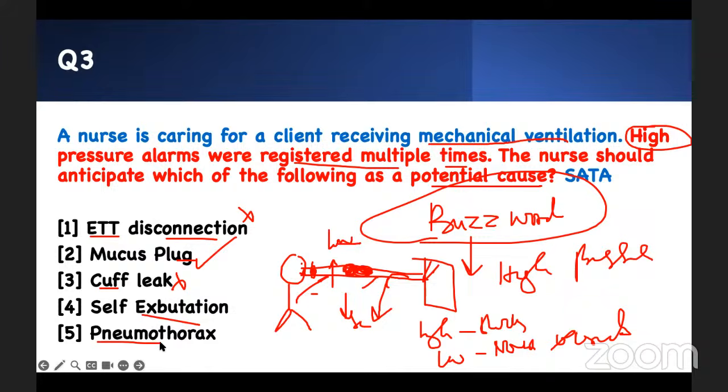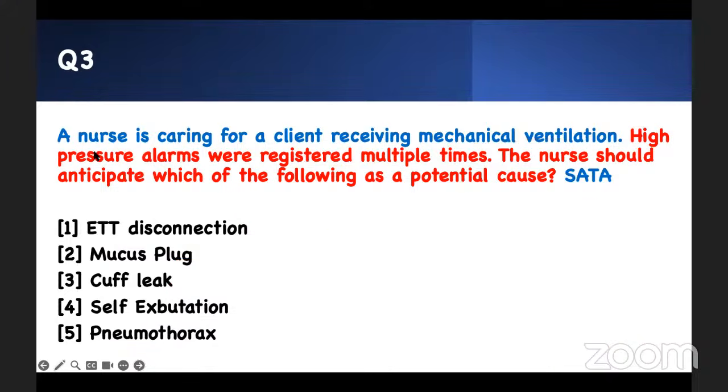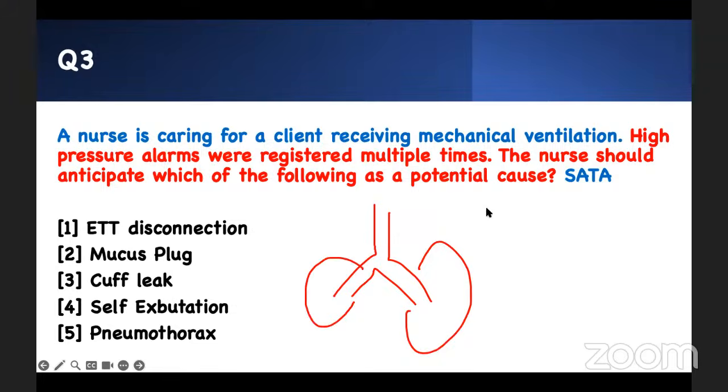Then pneumothorax. In pneumothorax, you have air outside of the lung. It's going to push on the lung, and that will create pressure in your lung. And the ventilator will have difficulty putting air in your lung. That's what they mean. Pneumothorax is going to create a high pressure alarm. If you think about it, this is your trachea, this is your lung, and the ventilator is coming here like that.